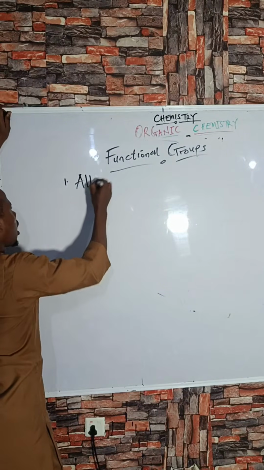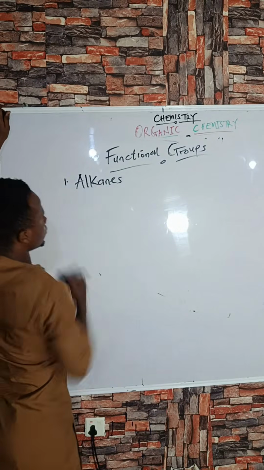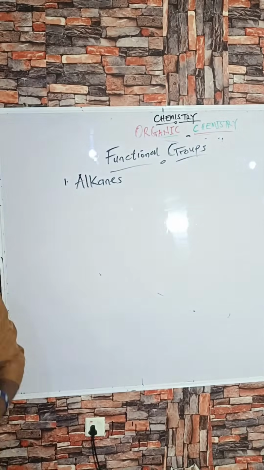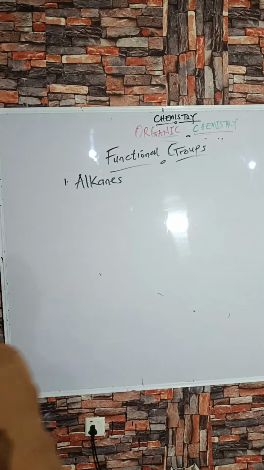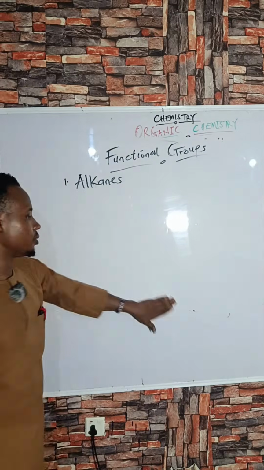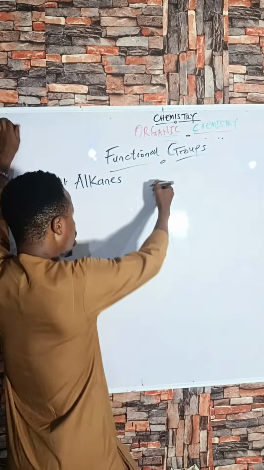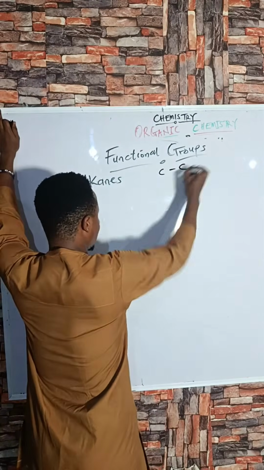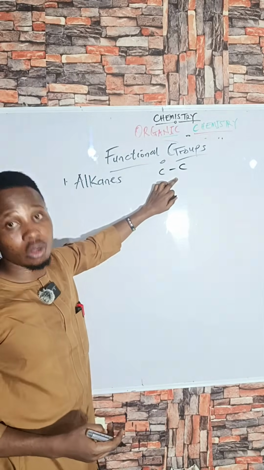So we have alkanes. For alkanes now, their own functional group is the single bond, the C to C single bond. That is their own functional group.